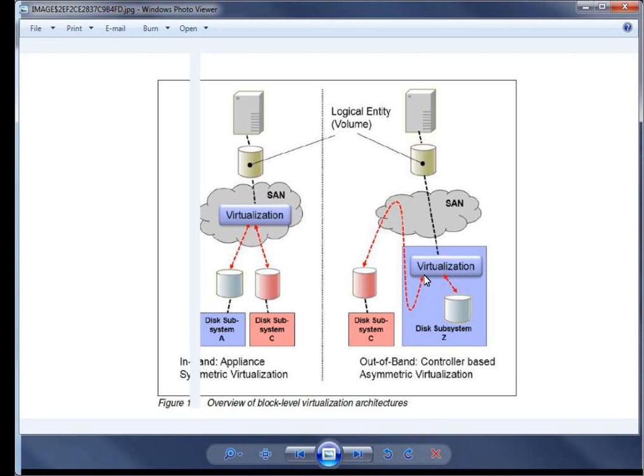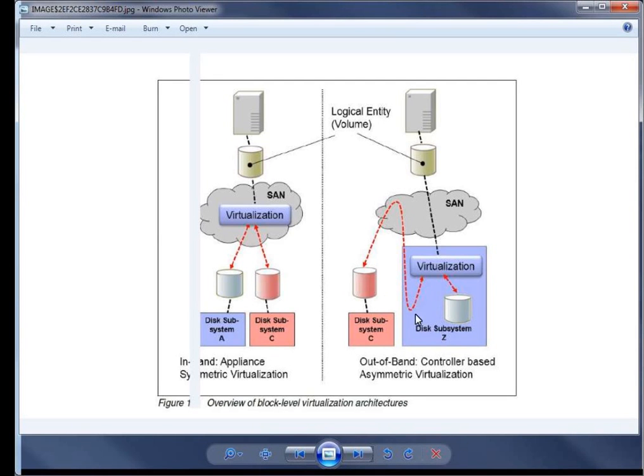That means if I have a bunch of RAID arrays or RAID groups in this subsystem C, and I also have some space on the subsystem C on the right-hand side, I cannot combine these two disk subsystems and carve out a LUN from them, because the controller treats this as a third-party disk subsystem as opposed to its own disk subsystem, which is disk subsystem C.